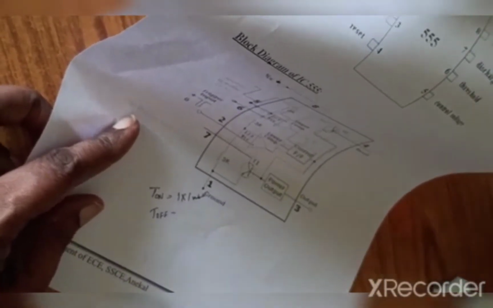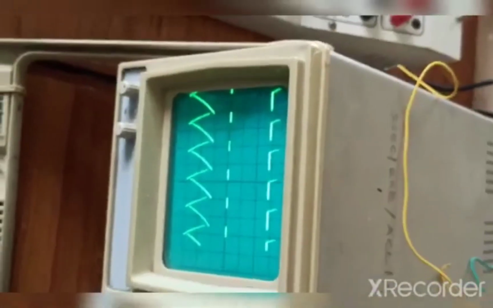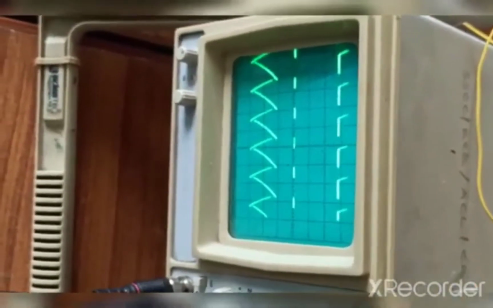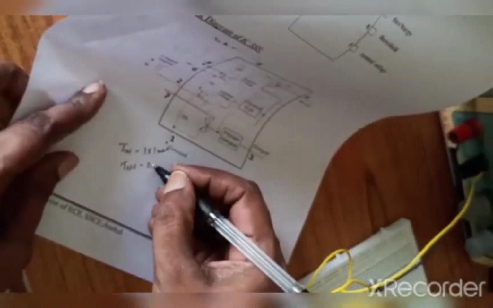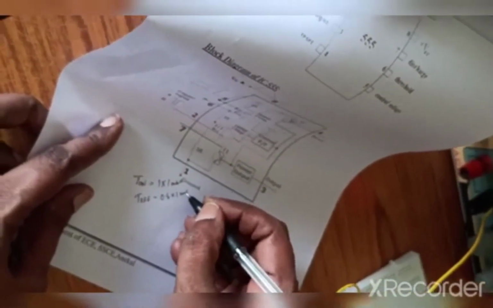T off, if I lift this waveform, is going to be around 0.6. Each division is 0.2, so 0.6 into 1 millisecond.